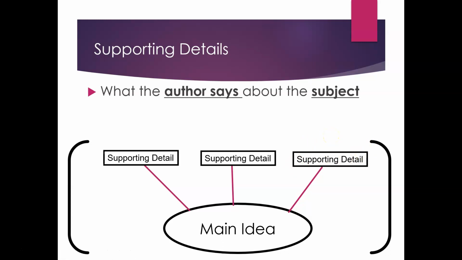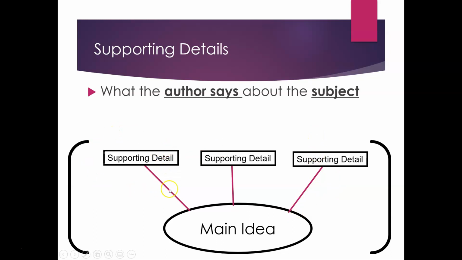When you find the main idea, it is always very important to make sure that you find and use details from your text to help support your main idea. Supporting details are what the author says about the subject.